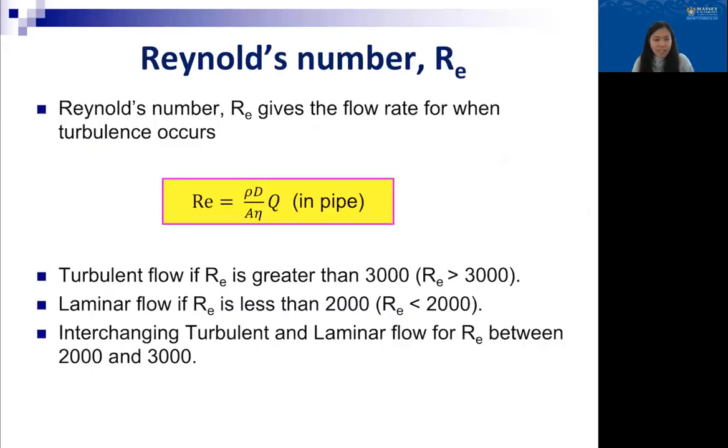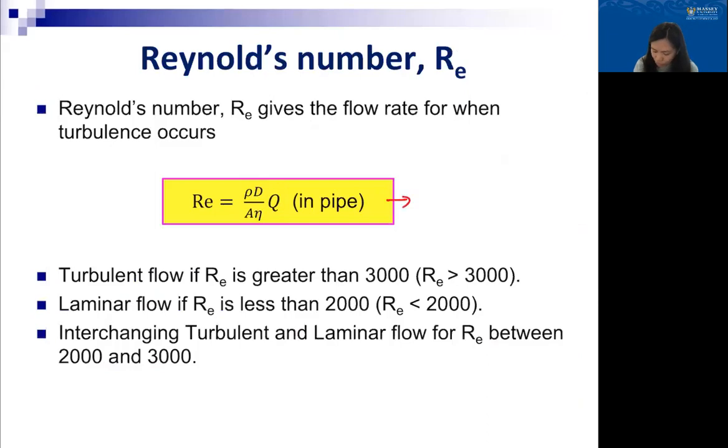How fast is fast is defined by the Reynolds number, Re. So Reynolds number R subscript E gives you the flow rate for when turbulent flow occurs. And it depends on these variables.